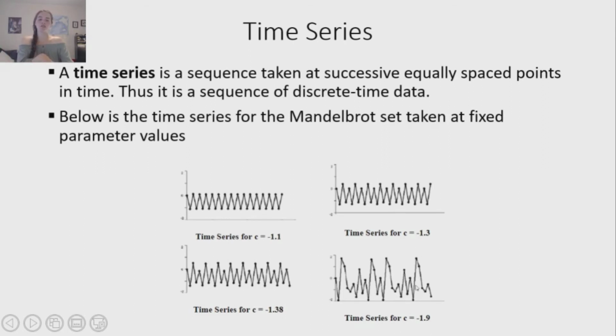So there's not really a discernible pattern here. But this is a time series that also shows chaos. And for C equals negative 1.9 on the Mandelbrot set, that's when we're going to see that fractal that I showed at the beginning, the one that we zoom in on, the characteristic fractal that we think of when we think of fractals.